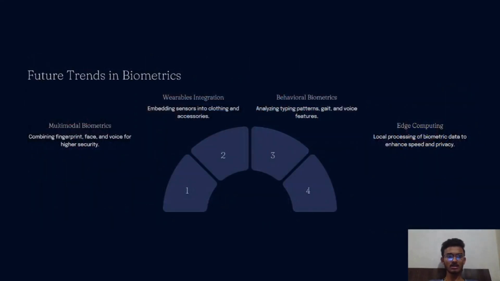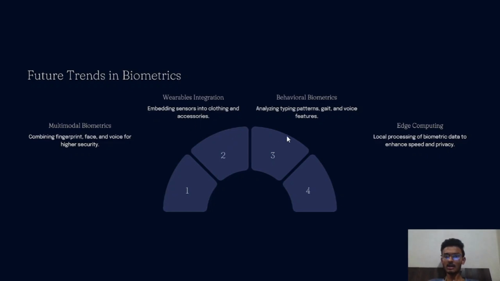And now we are discussing future trends in biometrics. The main one is multimodal biometrics, combining fingerprint, face, and voice for higher security. This is the first part, and the second is wearable integration, embedding sensors into clothing and accessories.